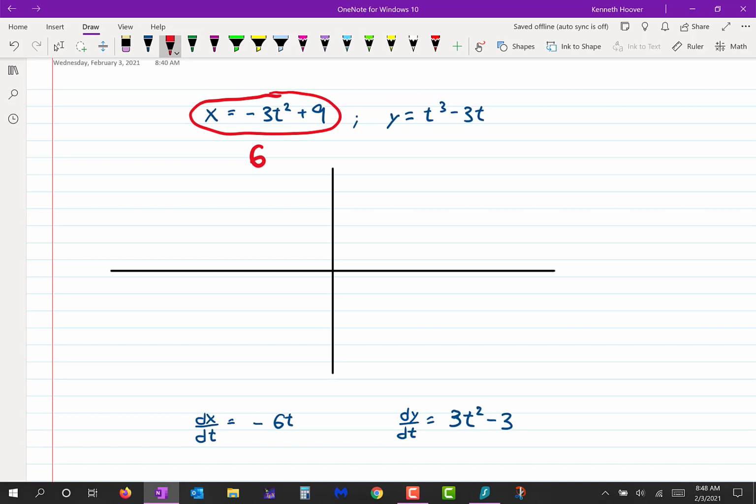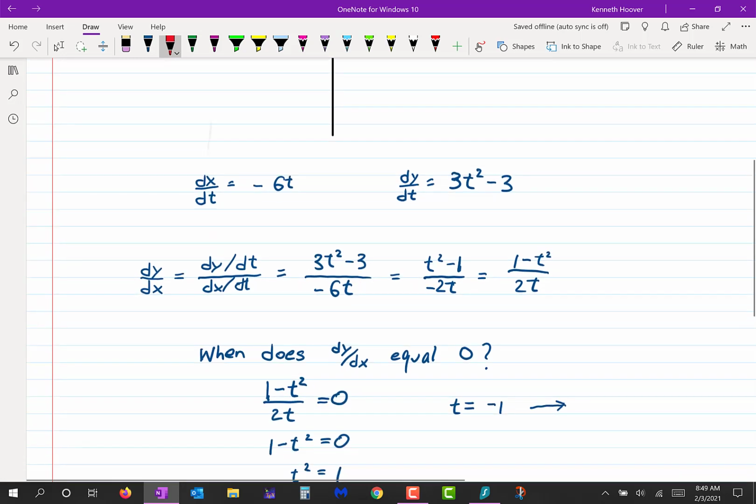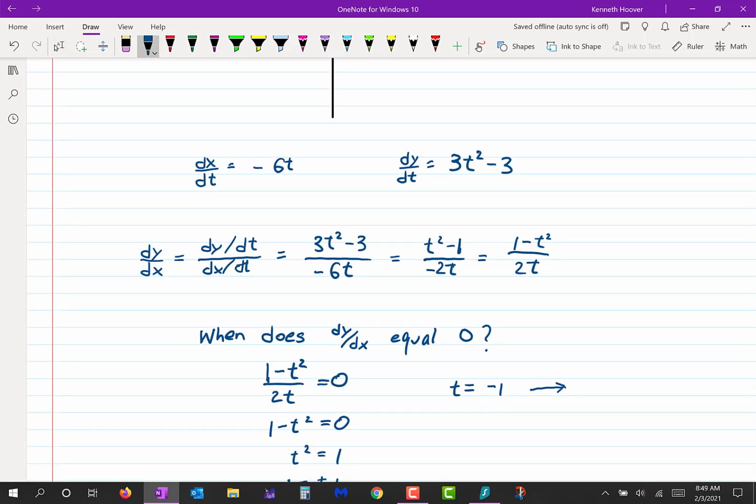And when we plug a negative 1 into our y equation, go ahead and work that out, we get 2. So when t is negative 1, we will arrive at the point 6, 2. Let's write that down. What point do we get when t equals positive 1?